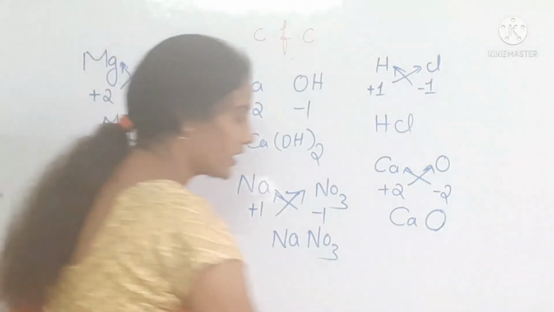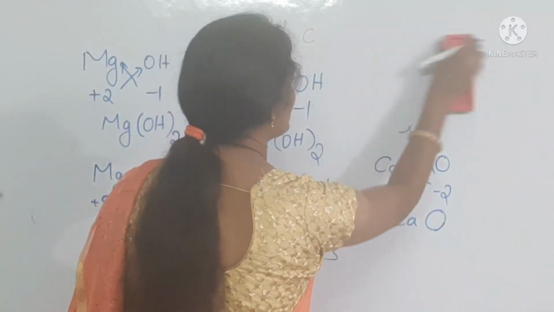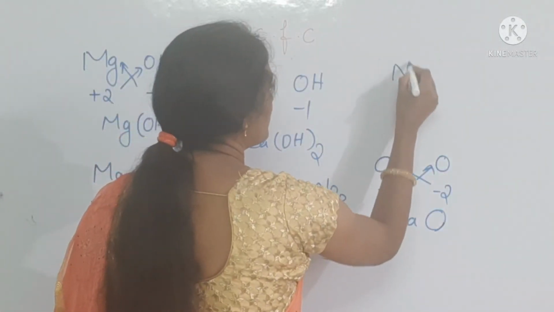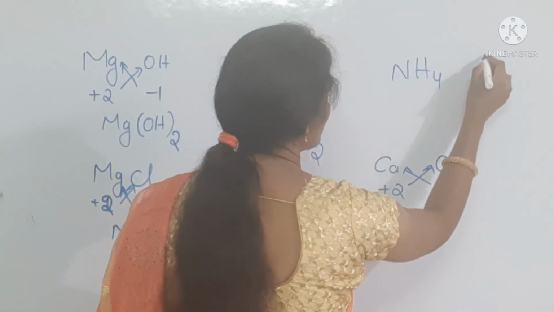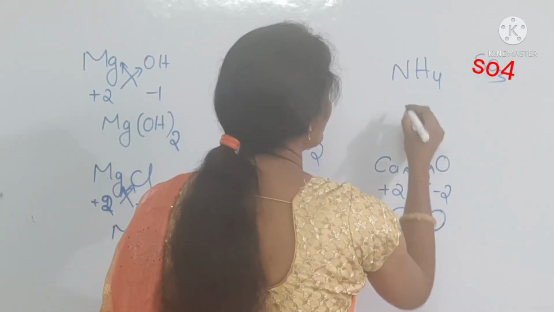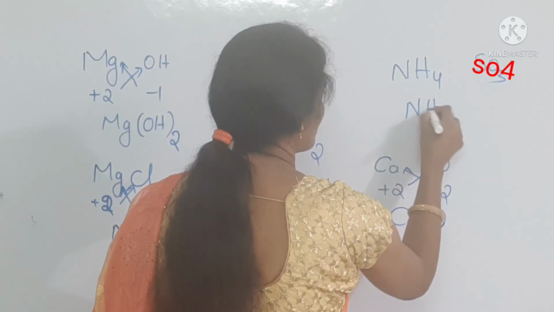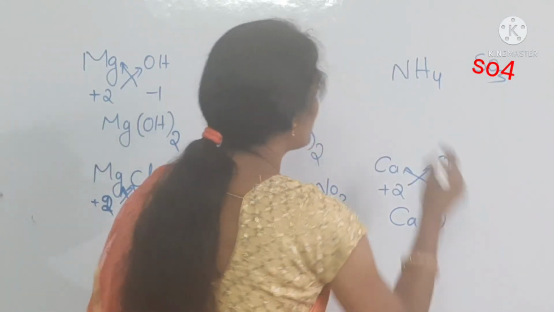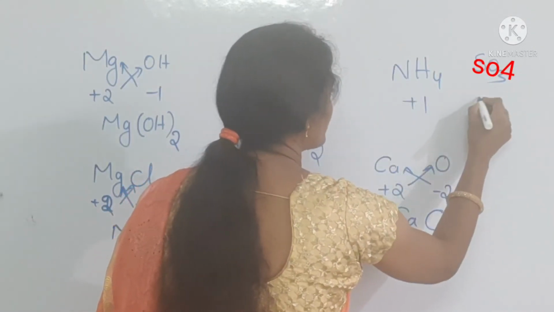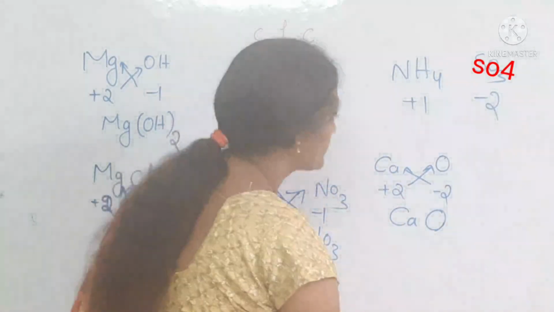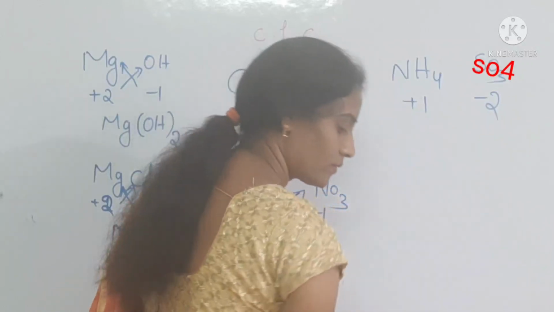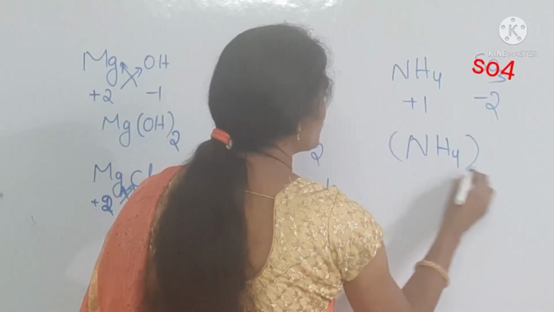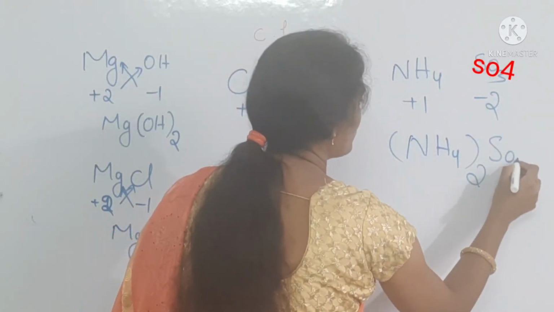Okay, you can write one more example here. Ammonium sulfate, here students it is +1, this is -2, students. (NH4)2SO4.